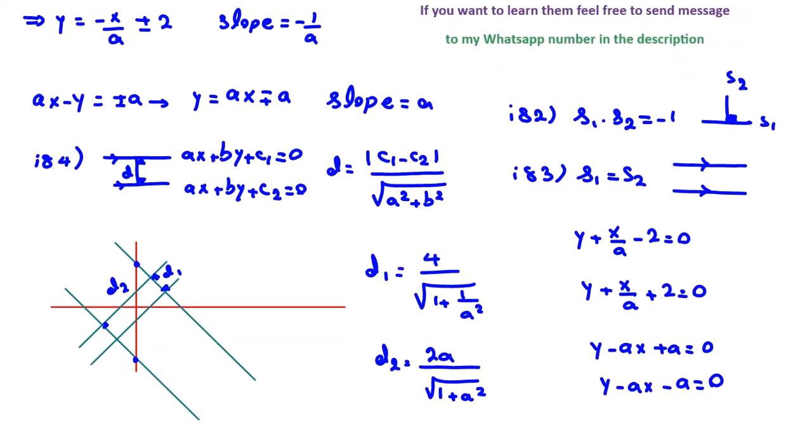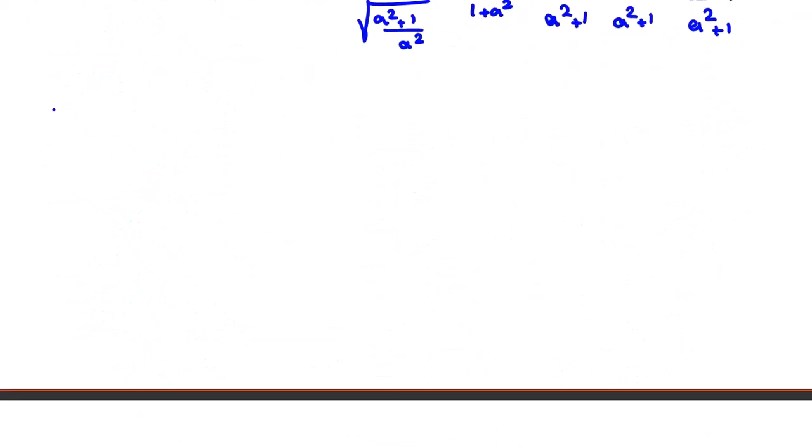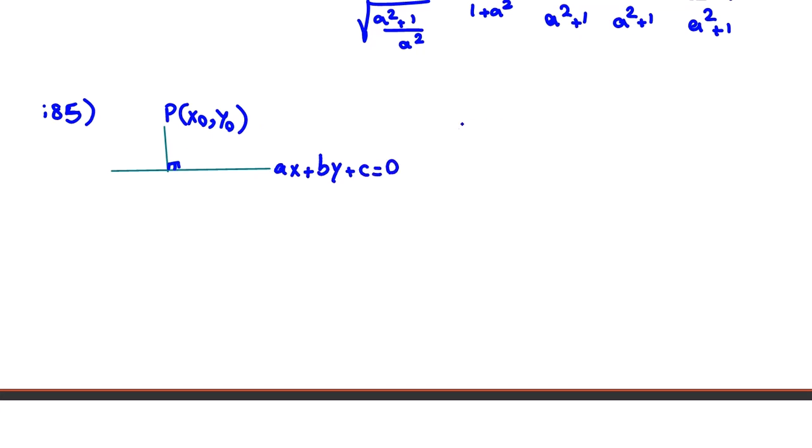Okay, let me tell you some other ideas in coordinate geometry. For example, idea 85. Suppose we have a point (x0, y0) and you want to find the distance of this point from the line ax plus by plus c equals 0.